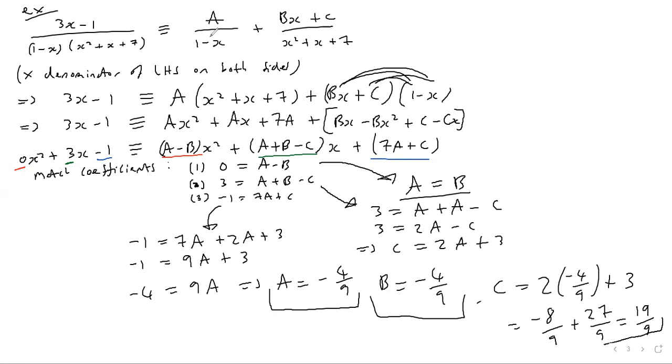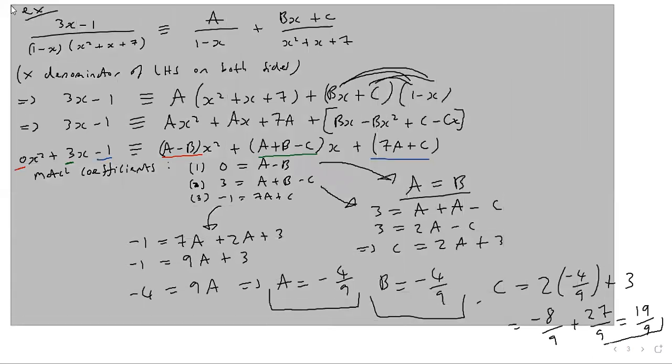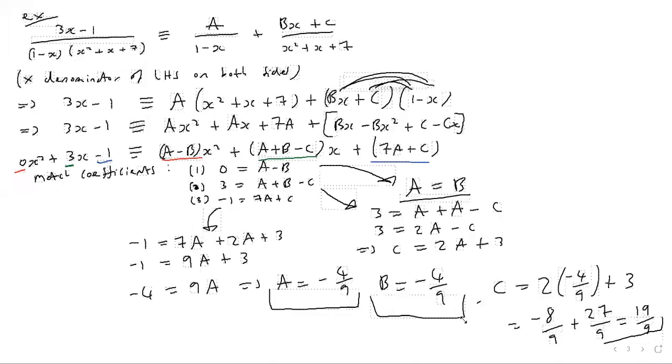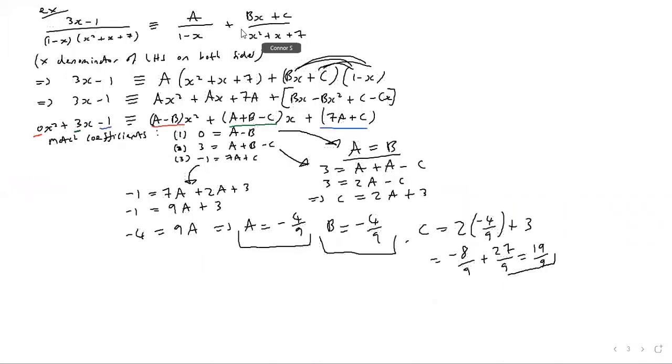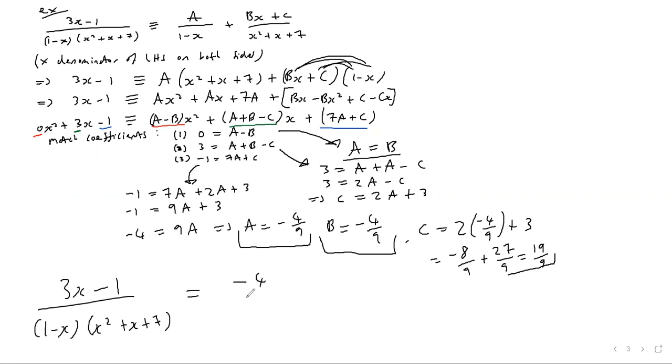Okay, so then our final partial fractions, if we just again try and keep this on the same page. So our final result is that 3x minus 1 over 1 minus x times by x squared plus x plus 7 is going to be equal to a over 1 minus x, so -4/9 over 1 minus x, like that.